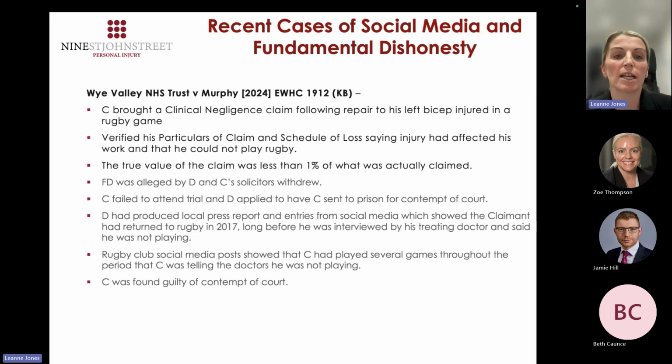The claimant ultimately failed to attend the trial and the defendant applied to have him sent to prison for contempt of court. The defendant in that case produced local press reports and social media posts that clearly showed this claimant had been playing rugby and had returned to doing so in 2017, long before he was interviewed by his treating doctors, where he said, "I can't return to playing rugby."